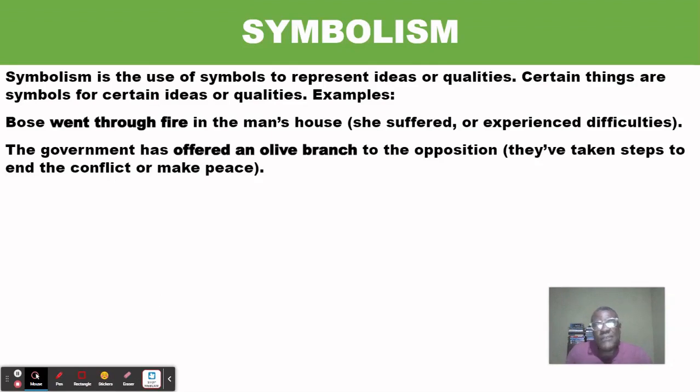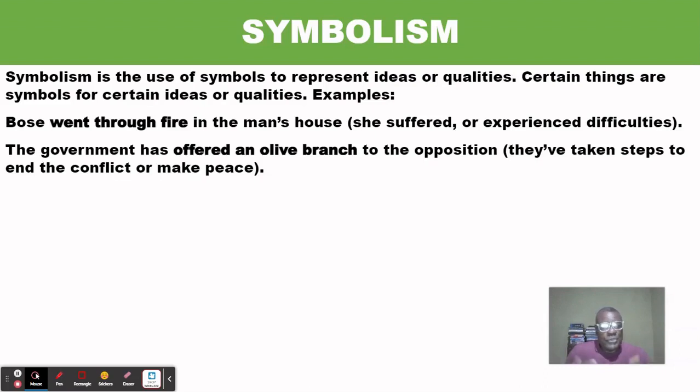The government has offered an olive branch to the opposition. This means that they've taken steps to end the conflict or to make peace. An olive branch is a symbol of peace.